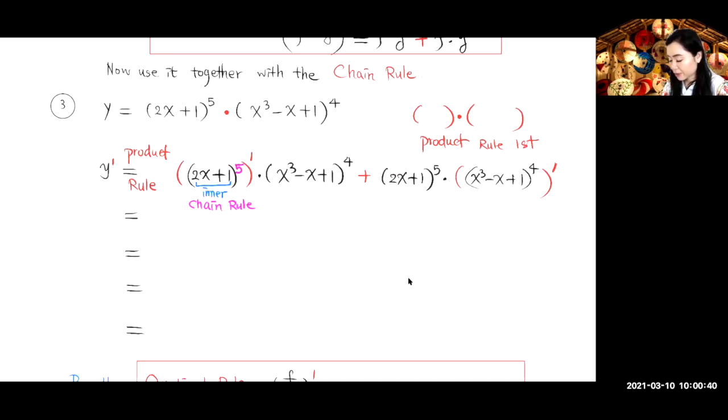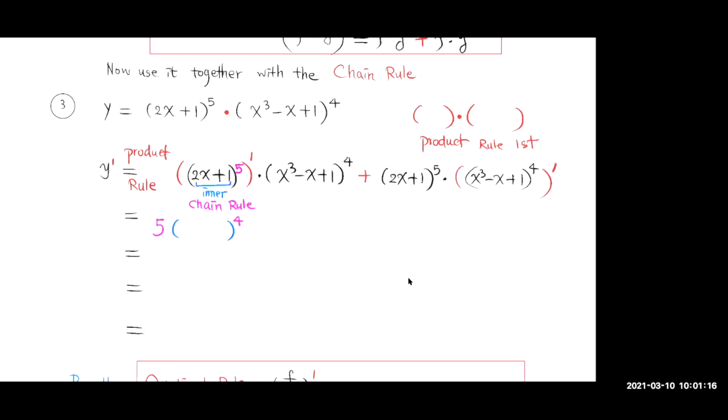So we want to use the chain rule to differentiate this function over here. Okay. So first, you see that it's a product. So you use the product rule first. Now when you get to this step, this is a composite function. So you use the chain rule at this part right here. We got the derivative of this outer function, u to the 5th power, is 5, and then whatever inside, to the what power? To the 4th power. Yeah.